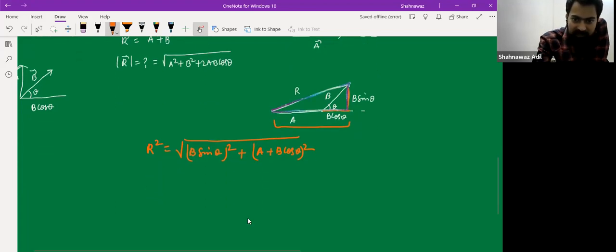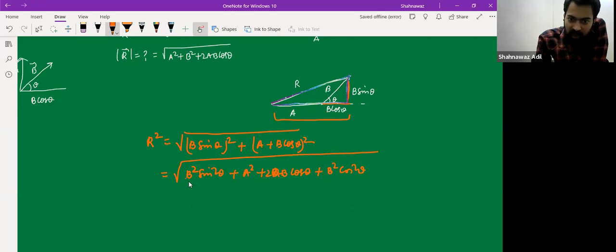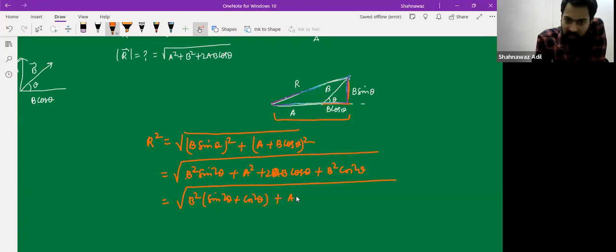So this would be B square sine square theta plus A square plus 2AB cos theta plus B square cos square theta, right? So B square is common here, so we will have B square sine square theta plus cos square theta, only two terms which have common B square. And then we have A square, and then we have 2AB cos theta.